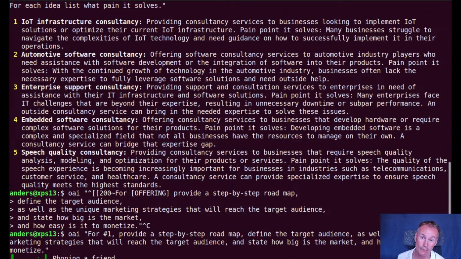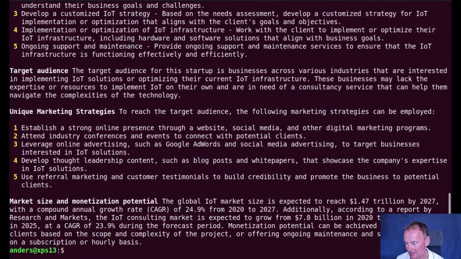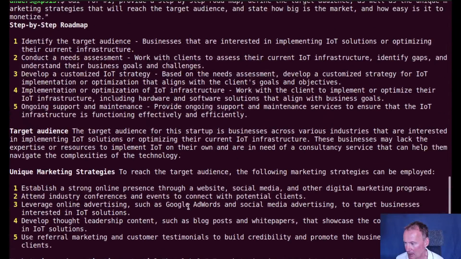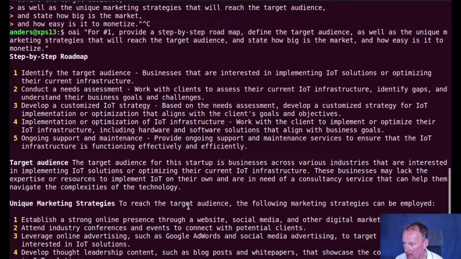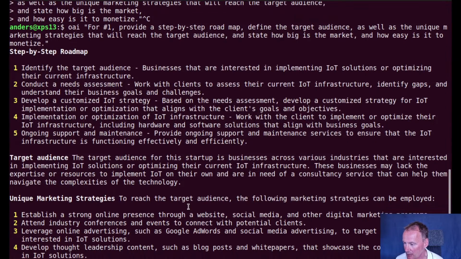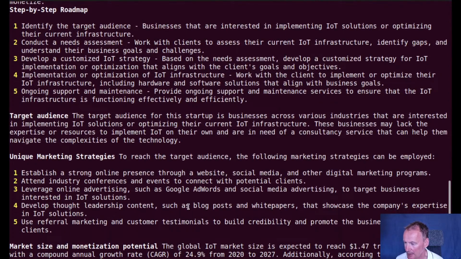Sometimes this takes forever. Okay. At least it looks good. The roadmap. Identify target audience. Yeah, I asked you to do that. Businesses that are interested in implementing IT solutions for optimizing their current infrastructure. Assessment.